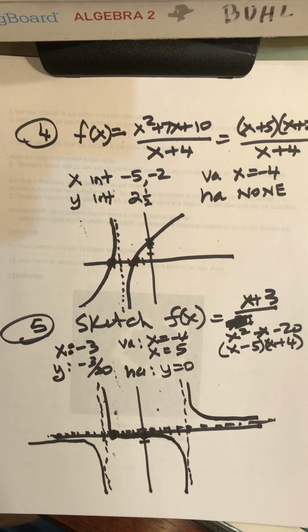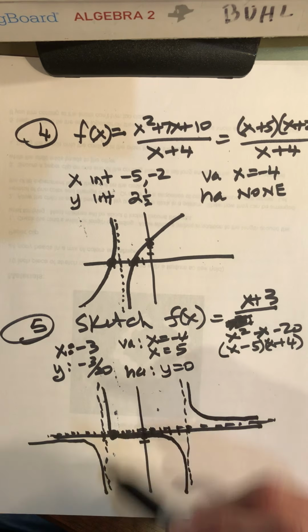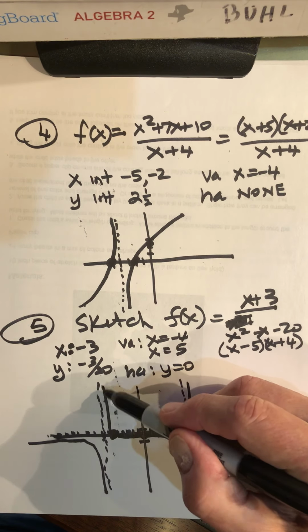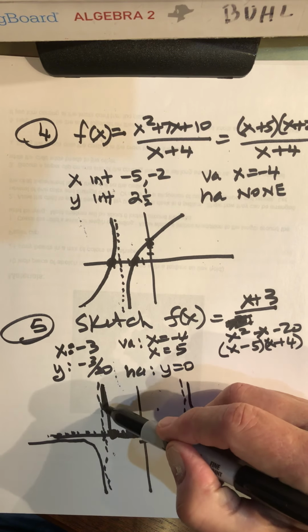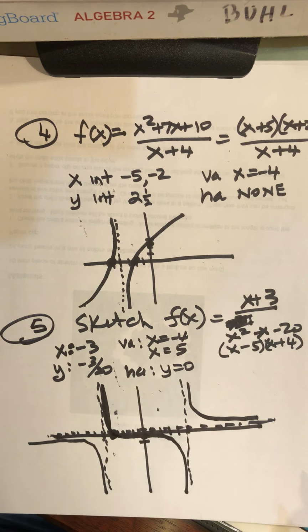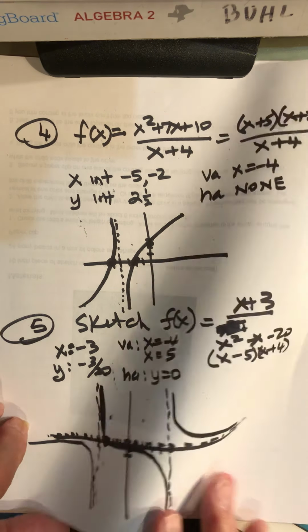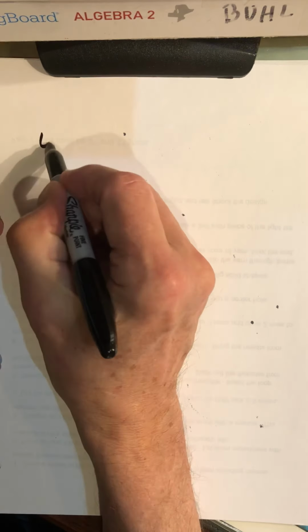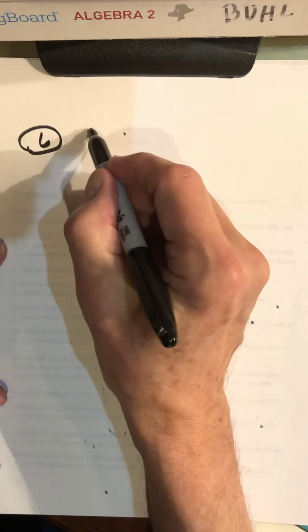And quite frankly, I got some help from the calculator to make sure that that's the way that ran. This thing is really a strange graph. Okay, let's go to our last one. This is another thing that's a little bit different.